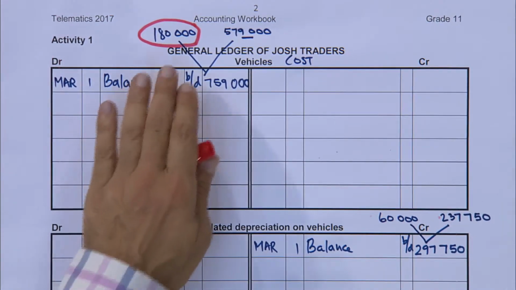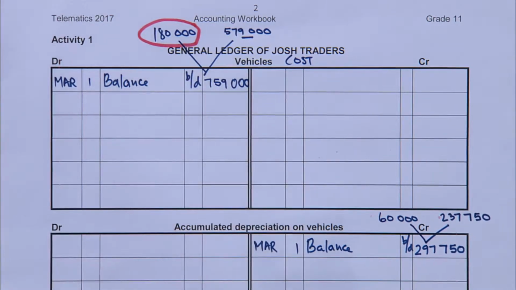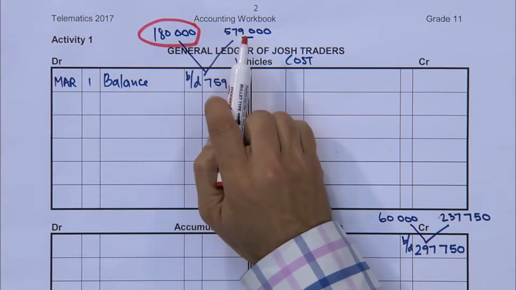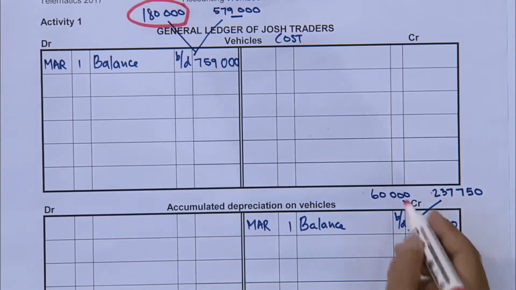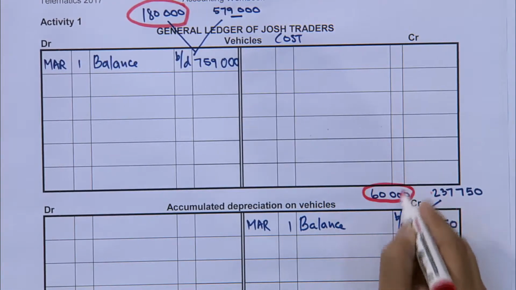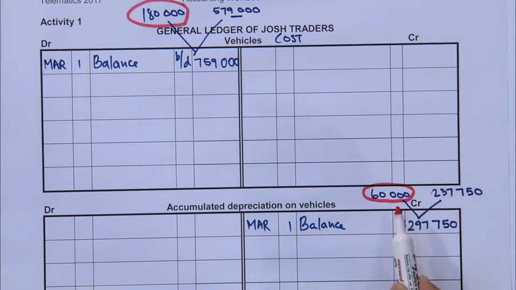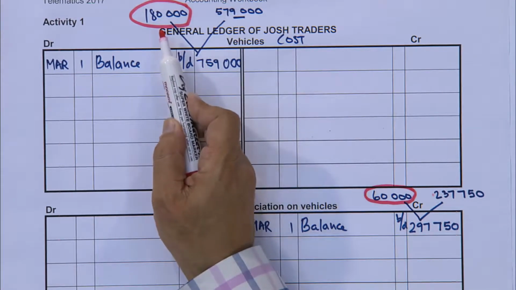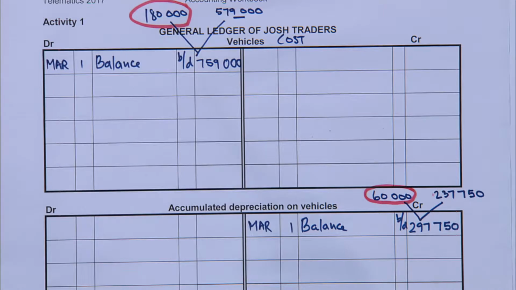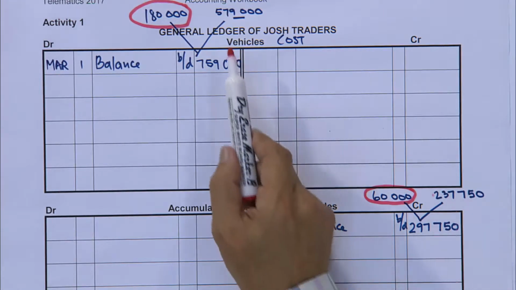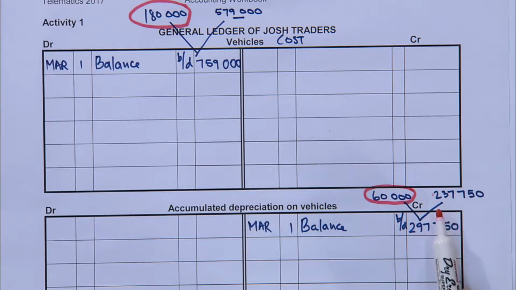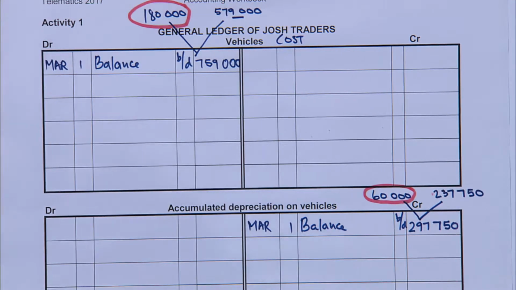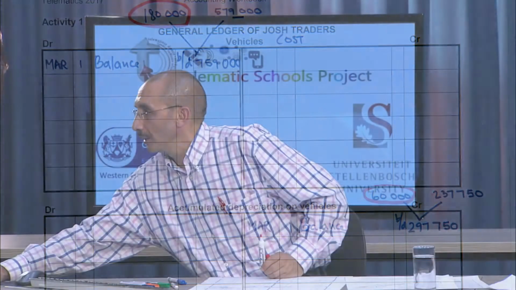So eventually we can see that we have two vehicles, one that we're going to sell and one that will be remaining. Then in the same way, I circle the 60,000 because that 60,000 accumulated belongs to the 180,000. And whatever vehicle is left, 579,000, has accumulated of 237,750.